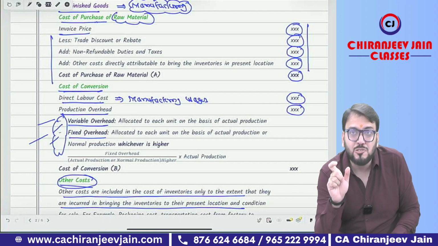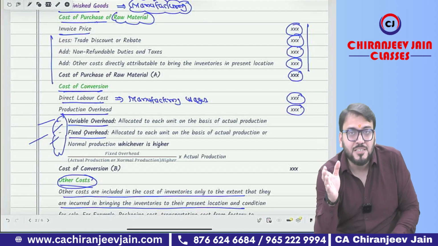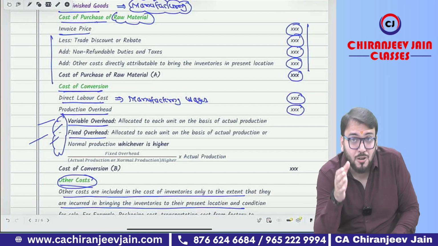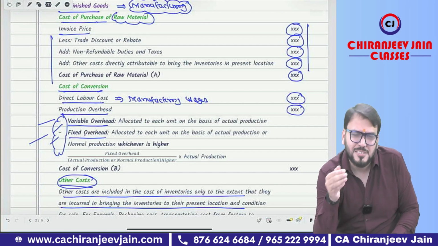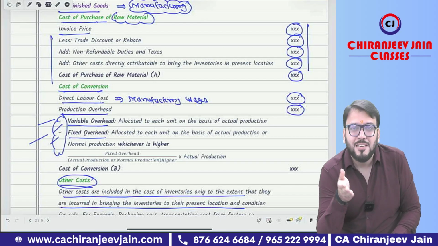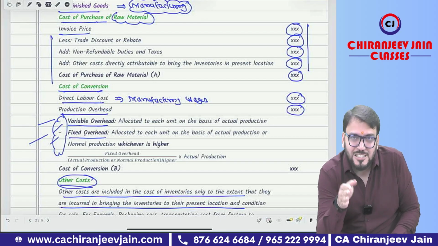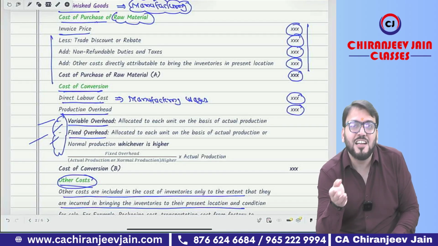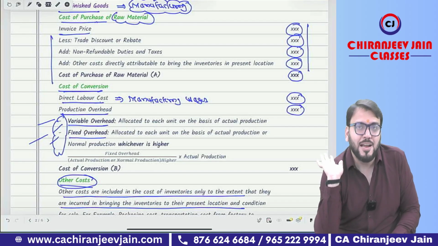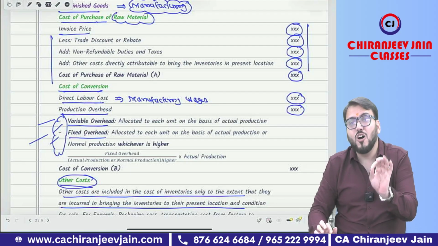What is the cost of purchase of raw material? It is invoice price minus trade discount rebate plus non-refundable duties and taxes plus other cost to bring the raw material to present location. Same thing. Whatever: carriage inward, transportation cost, insurance in transit, loading, unloading, whatever you need to add. This becomes the cost price of raw material.